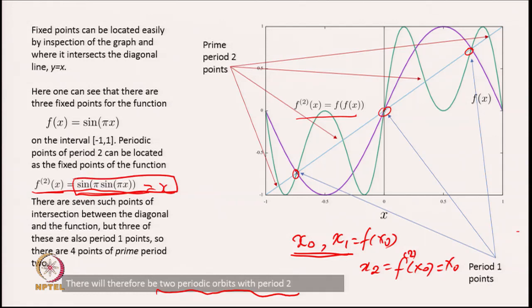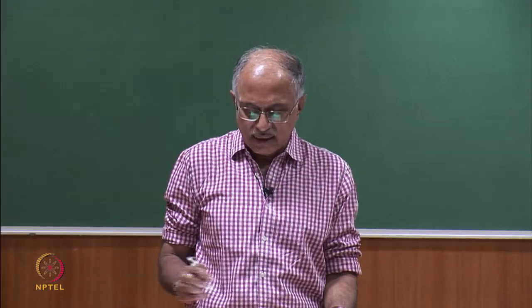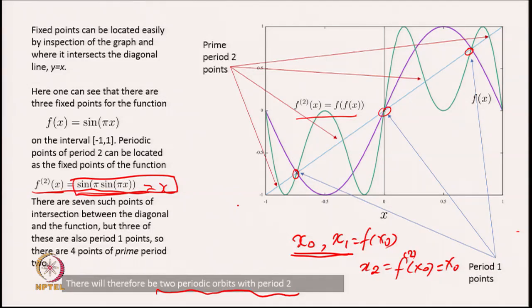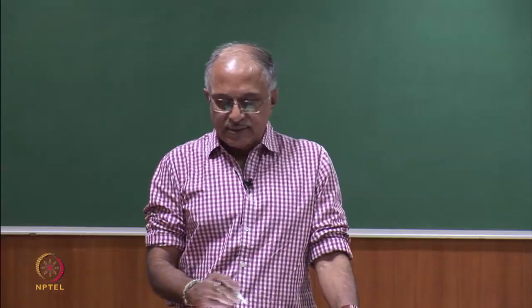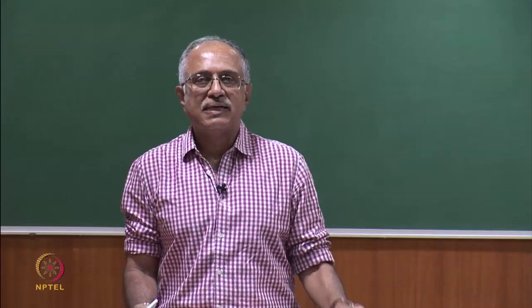This particular equation is somewhat difficult to solve, so one can't do it without numerical techniques, but visually and graphically one can easily see that one has the following fixed points, and one can also identify where they are. This one lies below minus 0.73, the next one is between minus 0.73 and 0, and so on and so forth.